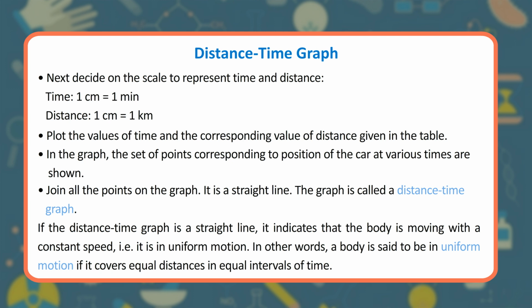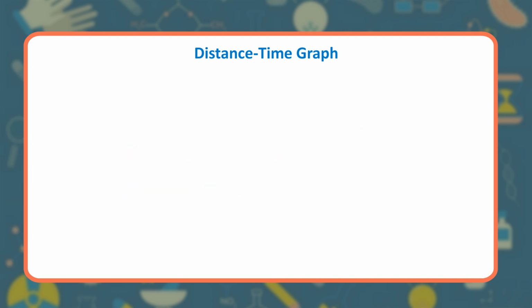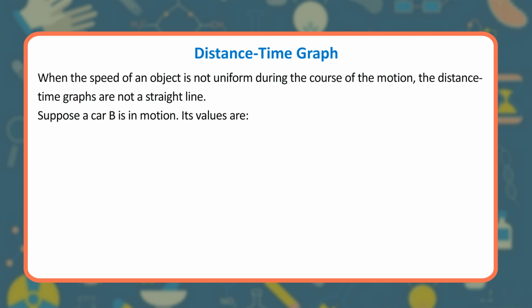In other words, a body is said to be in uniform motion if it covers equal distances in equal intervals of time. When the speed of an object is not uniform during the course of the motion, the distance-time graphs are not a straight line. Suppose a car B is in motion.